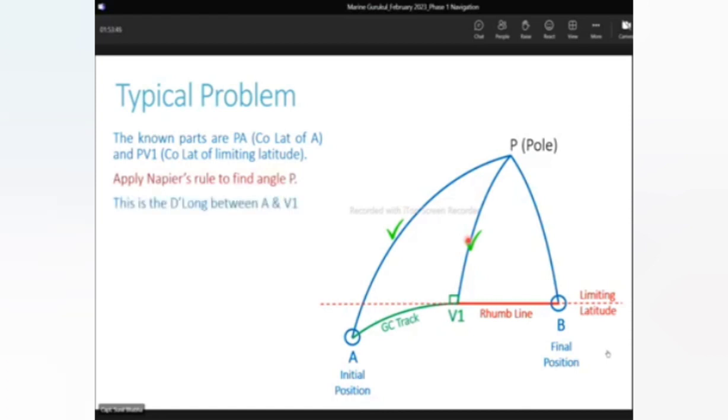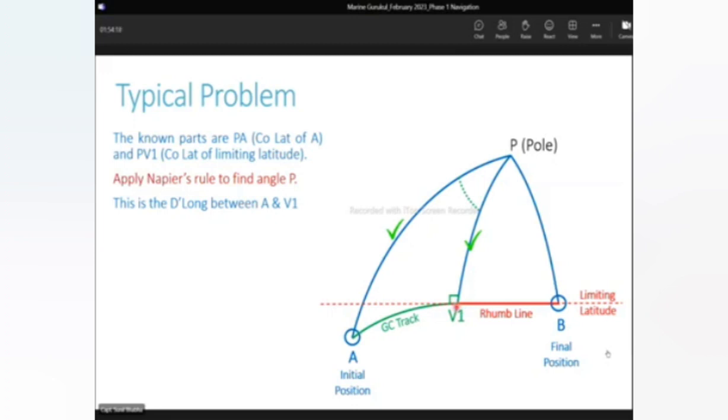The first thing which we find out is angle P of triangle PAV1. Now this angle is the angle at the pole contained between the meridian of A and the meridian of vertex 1. So this gives us the D long between A and V1.